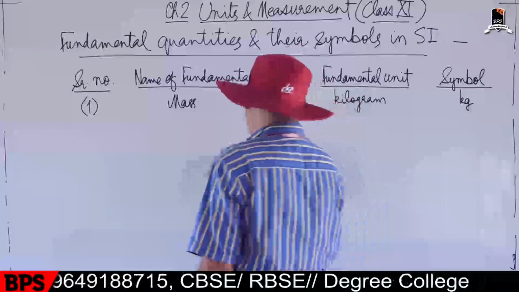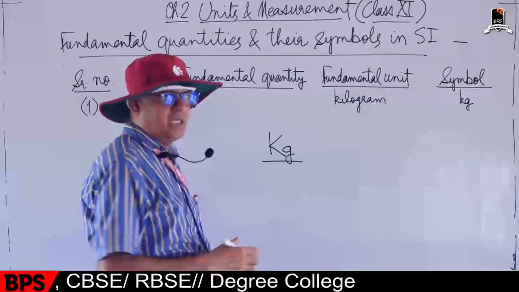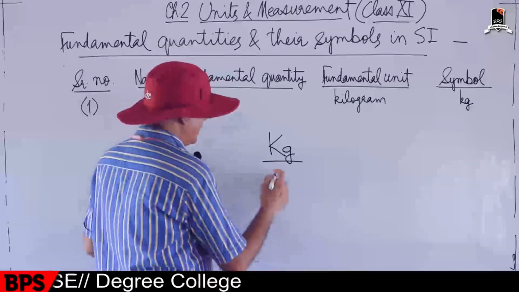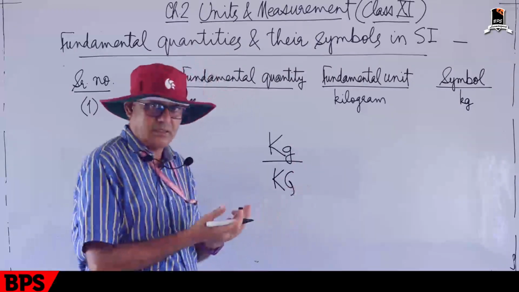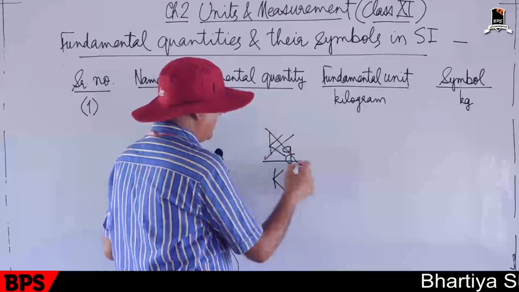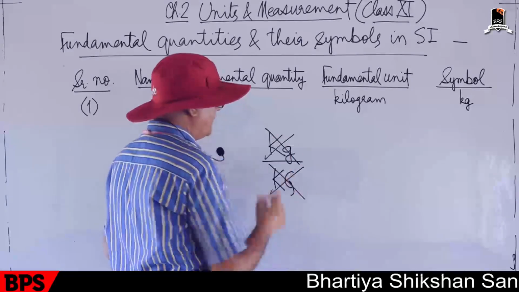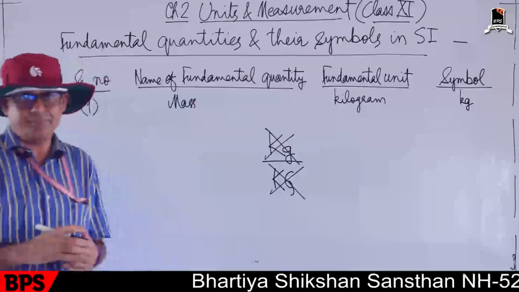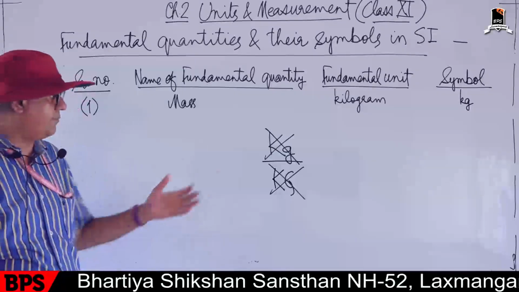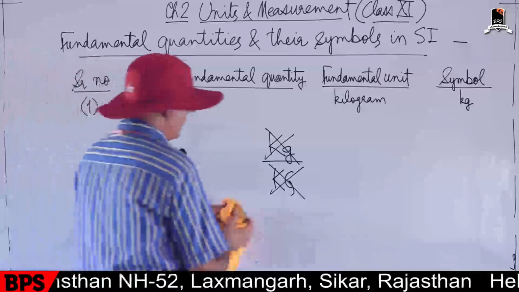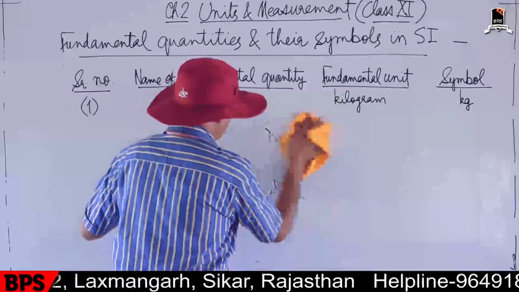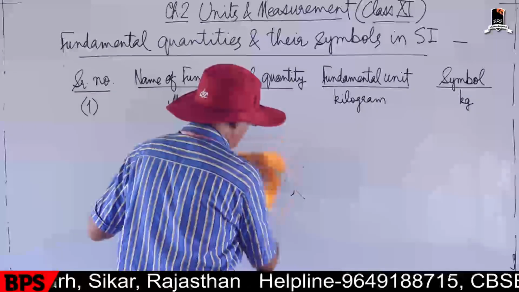If you write capital K small g or capital K capital G or anything else, then these are not the symbols of kilogram, that is the unit of mass in SI.